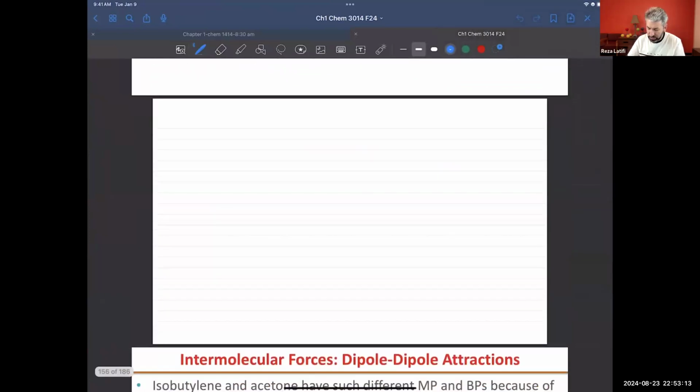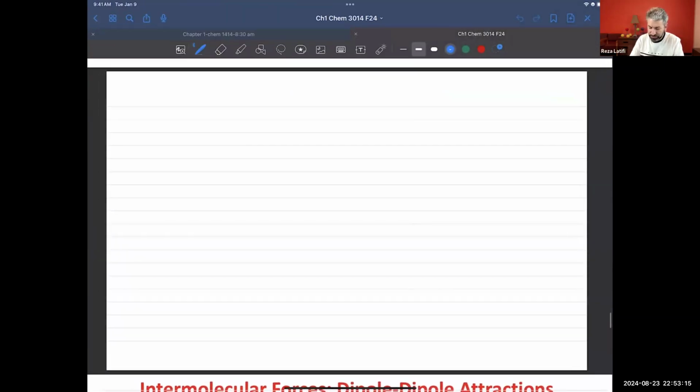From now on, whenever we talk about electronegativity, which is the ability of pulling bonding electrons to yourself, it increases to the right side of the periodic table and decreases down in any group.